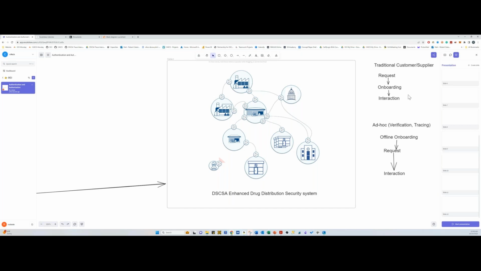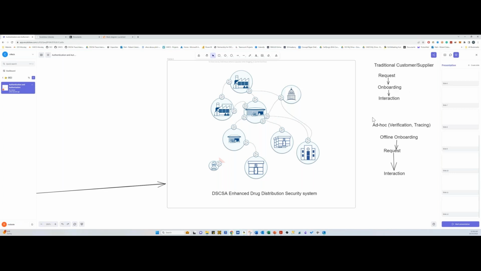I was drawing over here on the side as I started to digest some of the things that you and Sharon had been talking about, and again, this whole ad hoc nature is something that I don't know whether it shocked me as we started to work through DSCSA. The traditional customer-supplier model is: somebody does a request, you onboard them, and then you have an interaction.